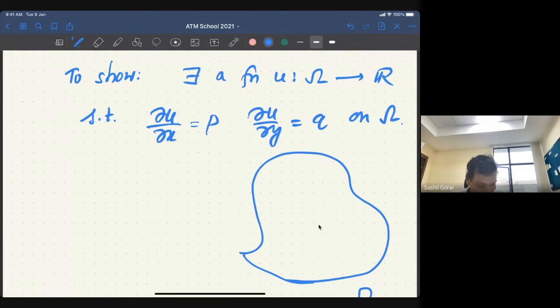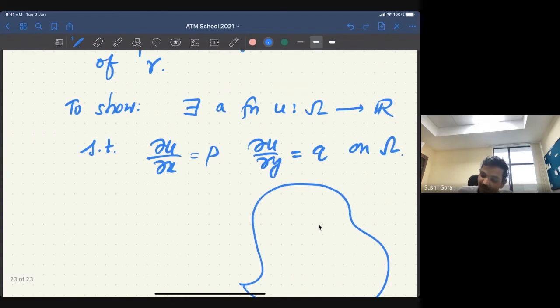You need a candidate, right? So it is just the analog of the fundamental theorem of calculus, right? It looks almost the same as the fundamental theorem of calculus. Since it was R, the derivative was in one variable only.